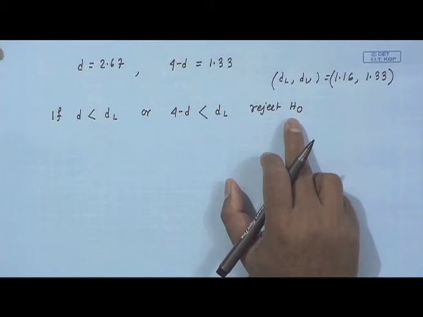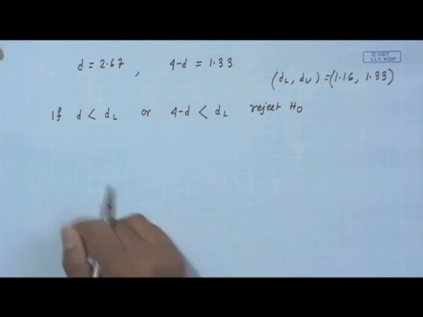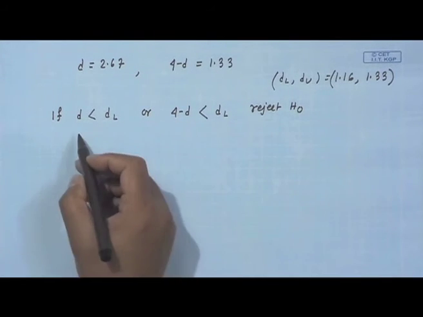Rejecting H naught means there is no autocorrelation. Okay. Let us see what this d value is.